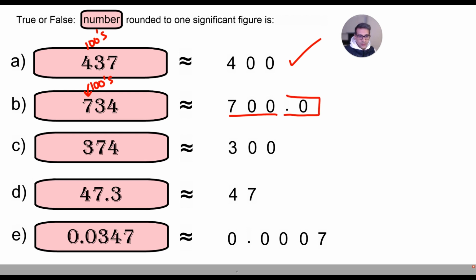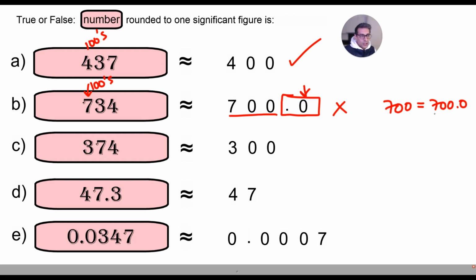However, this 0 is not needed, so this answer is actually not just wrong, it would actually be marked wrong in a test, even though 700 is equal to 700.0. When we are rounding to significant figures, we cannot have zeros that are not relevant to us, because it's to do with checking back with how the number has been rounded.